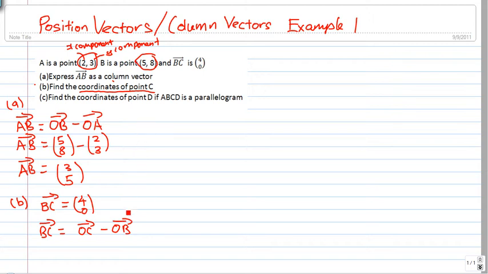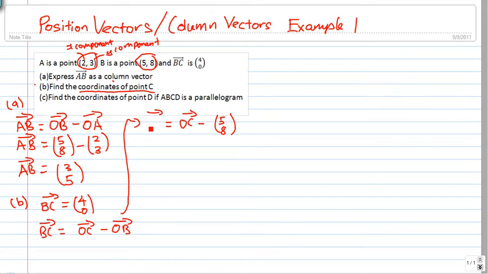Since BC is equal to OC minus OB, OC is something we are trying to solve. OB has already been given to you, which is (5, 8), represented as a column vector. Now BC has also been given to you.